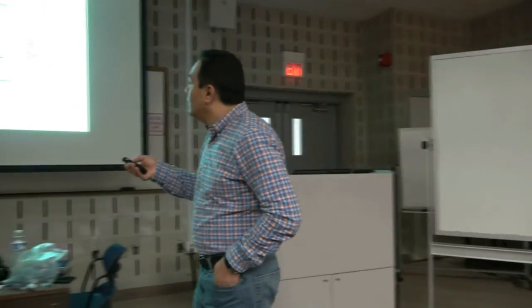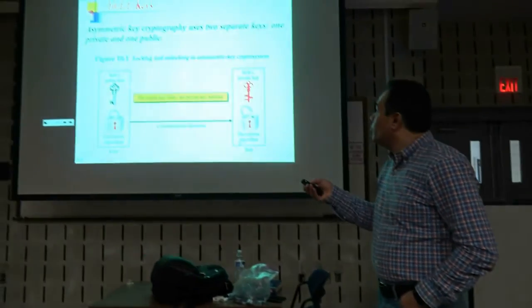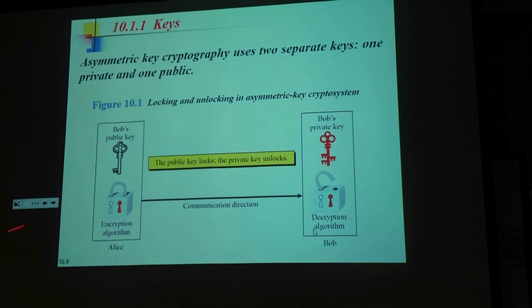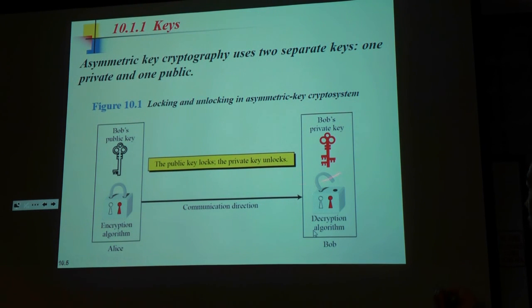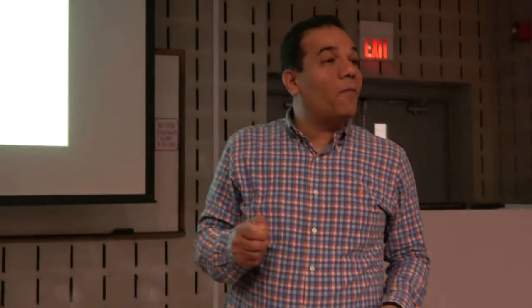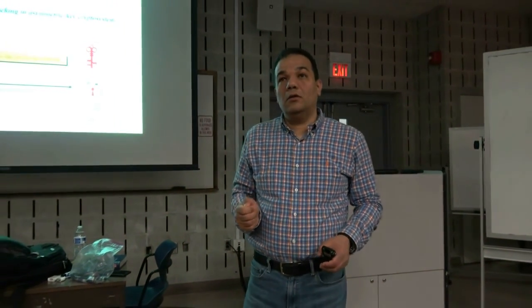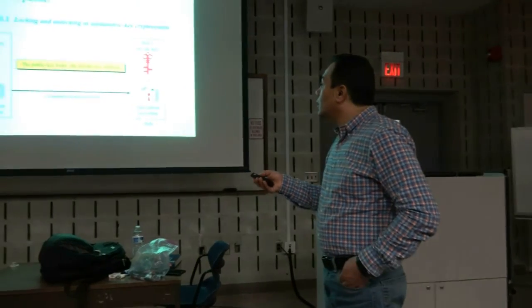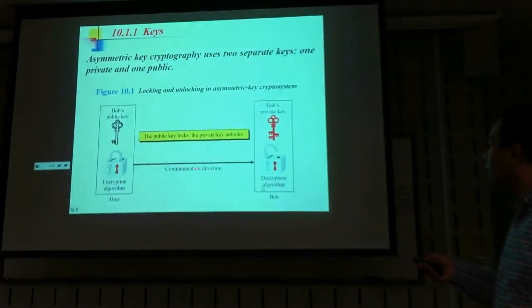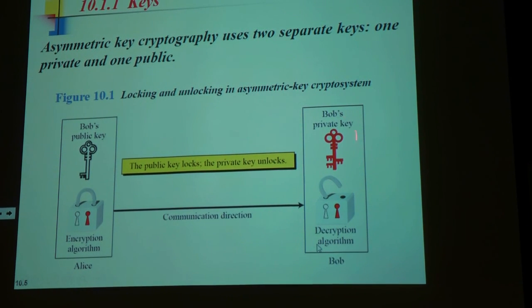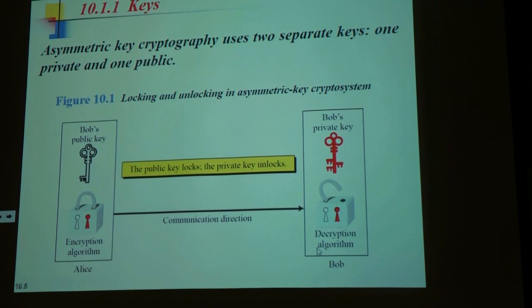So Alice takes Bob's public key and encrypts the data with it. Once encrypted with Bob's public key, the only way to read it back is using Bob's private key. It will be sent in the communication channel, and Bob will use his own private key to read the message.